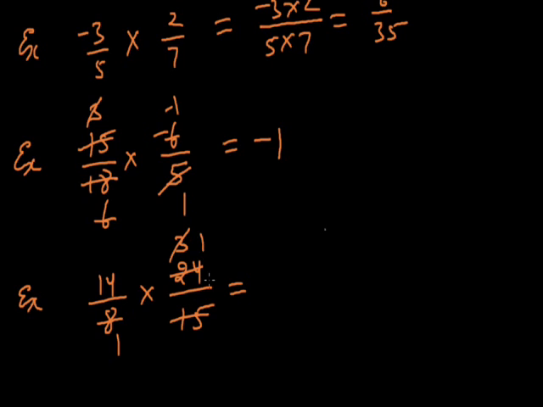So 3 once, and 15 divided by 3, we are getting 5. So the reduced fraction is 14 upon 1 times 1 upon 5. Now numerator and numerator are multiplied, that is 14 into 1 we are getting 14, and 5 into 1 we are getting simply 5. So in this way we can multiply two rational numbers.